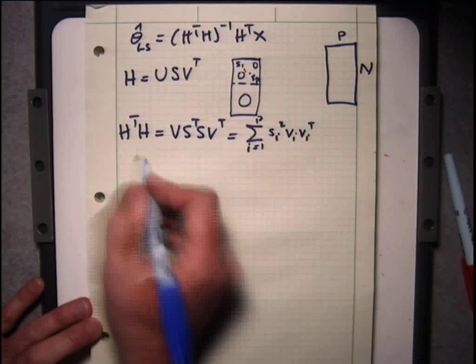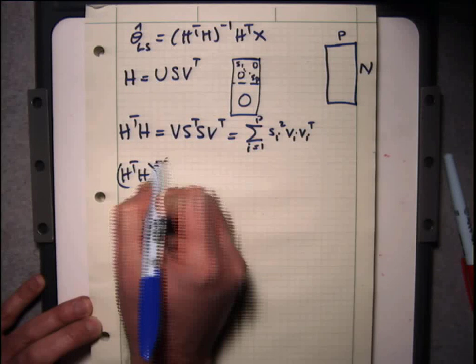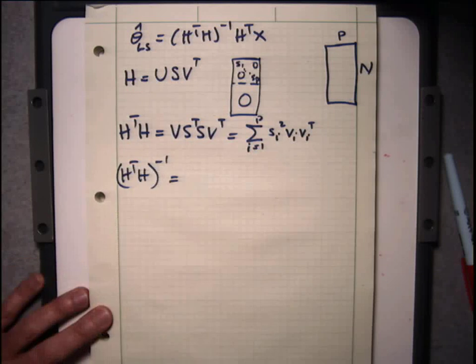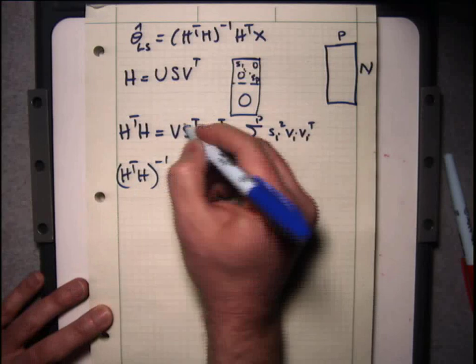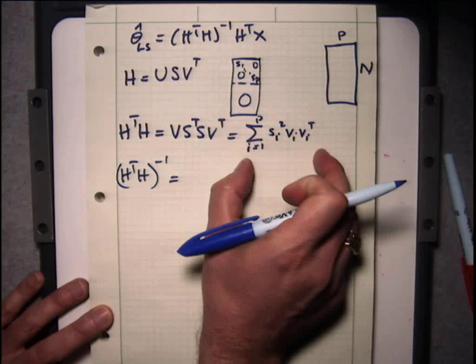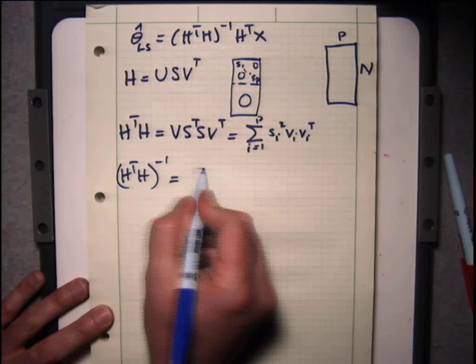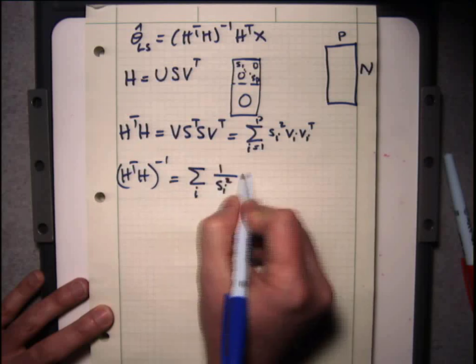All right, so what's H transpose H inverse in this formulation? Well, H transpose H inverse is simply this thing with this term in the middle inverted. So if you write it again in terms of the sum of these columns, this is the sum over i of 1 over S_i squared v_i v_i transpose.